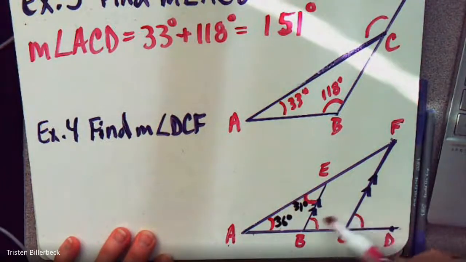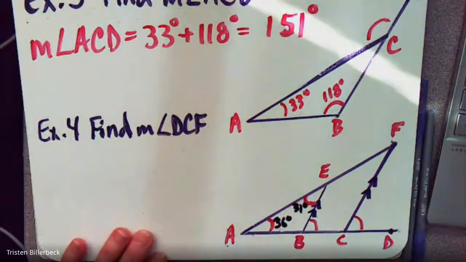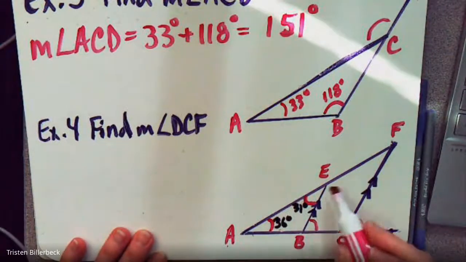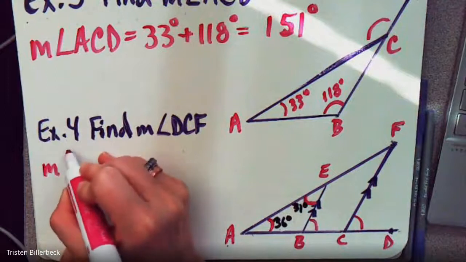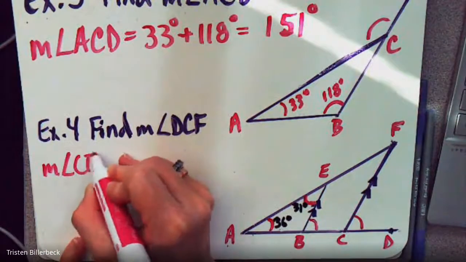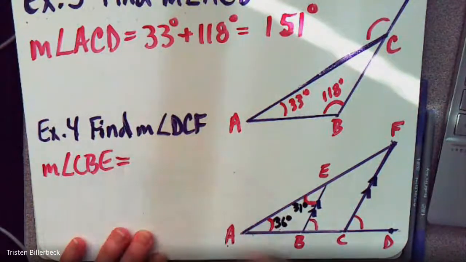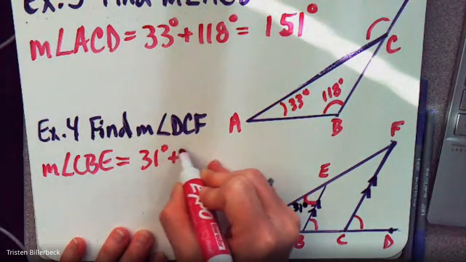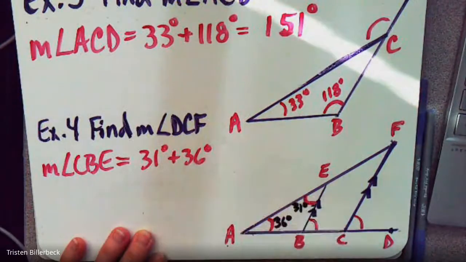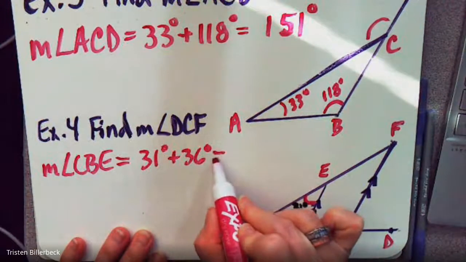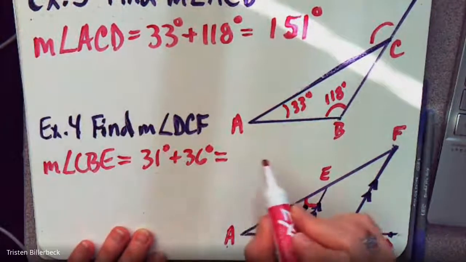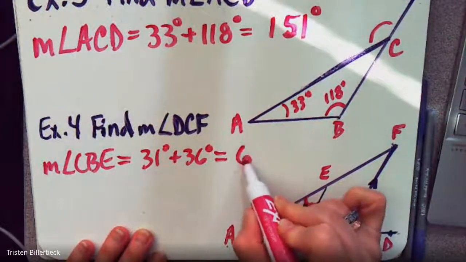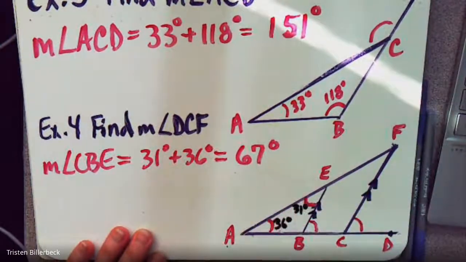Now we want to find the measure of DCF right here. We have two parallel lines here. The measure of CBE is the exterior angle to these two non-adjacent angles, so we have 31 degrees plus 36 degrees, which adds to 67 degrees.